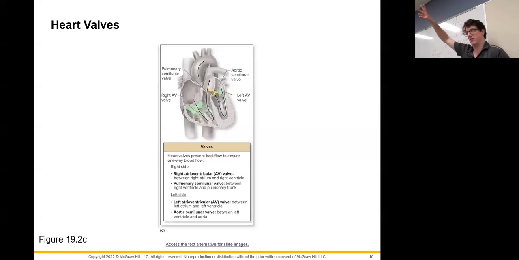Because they have to push things out all the way to the body or all the way to the lungs, so they have to push with a little bit more force than the atria do. So we need to make sure that these doors don't slam themselves open the other direction. So they're going to be held with some little cords that we call chordae tendineae here to keep them from moving backwards, okay? But the whole idea here is that we try and keep the blood moving only one direction.